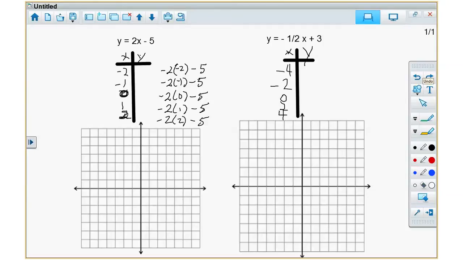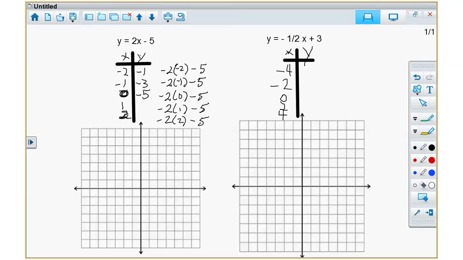What's -2 times -2? Positive 4. 4 minus 5 is -1. What is -2 times -1? 2. 2 minus 5? -3. 0 minus 5? -5.